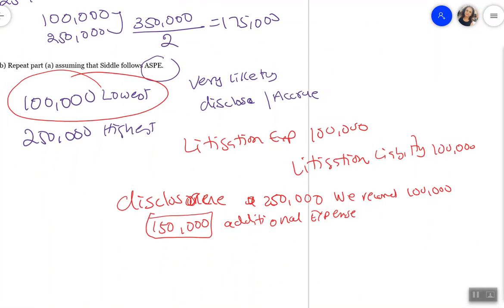It could go up to 250,000. So the additional 150,000 liability, we are disclosing it in our note. We are not recording an accrued liability for the 150,000. We're just disclosing in our note that we could have an additional expense of 150,000.